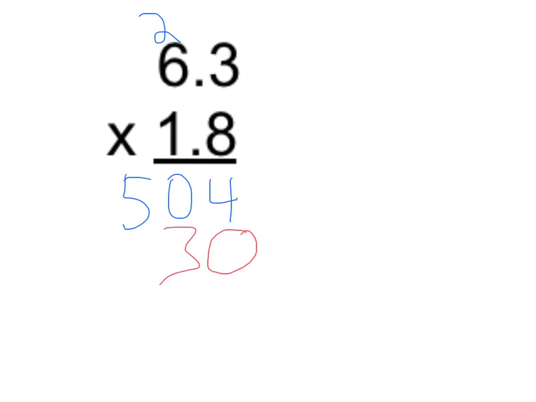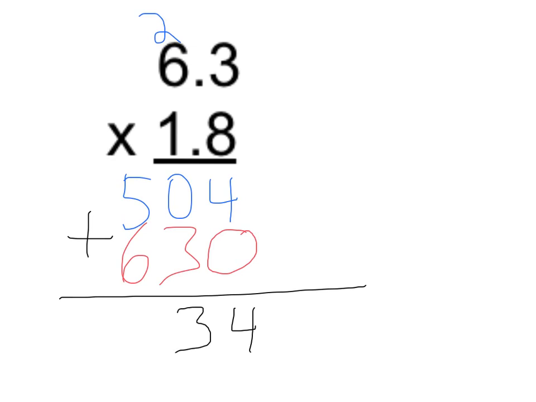Now I'm going to multiply the 1 times the 6 gives me a total of 6. So the answer for my second line is 630. Now, I'm going to add those two lines up, and I get 4 plus 0 is 4. 0 plus 3 is 3. 5 plus 6 is 11. Carry the 1.